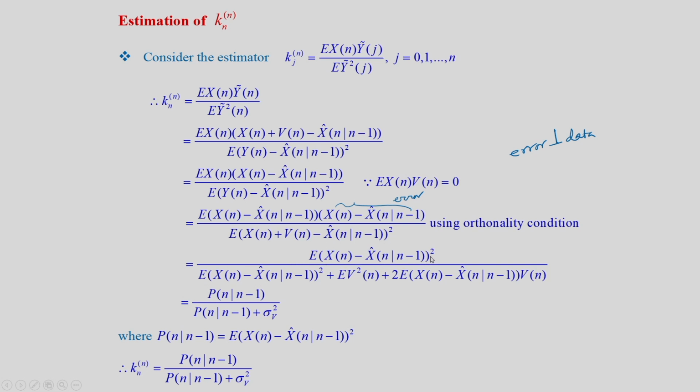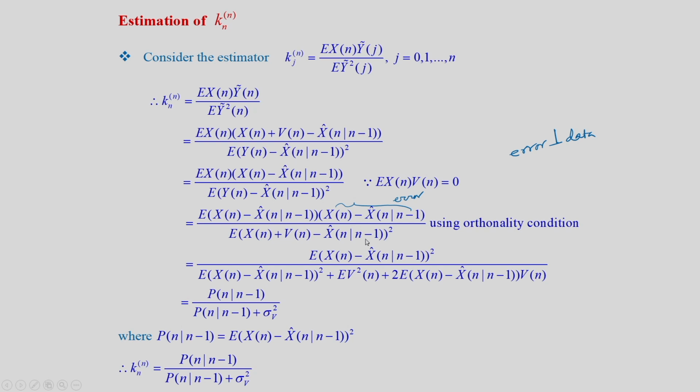So, this is one term. In the denominator we have E of (y_n minus x hat n given n minus 1) whole square. Now, similarly we can write y_n equal to x_n plus v_n, and minus this quantity. So, the denominator will be E of (x_n plus v_n minus x hat n given n minus 1) whole square.